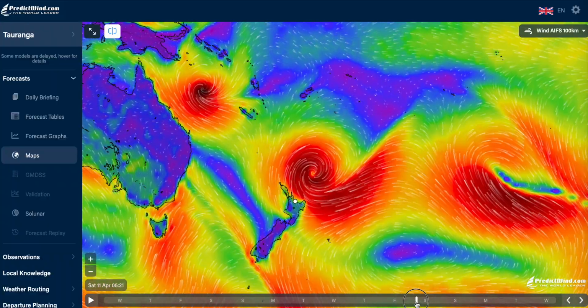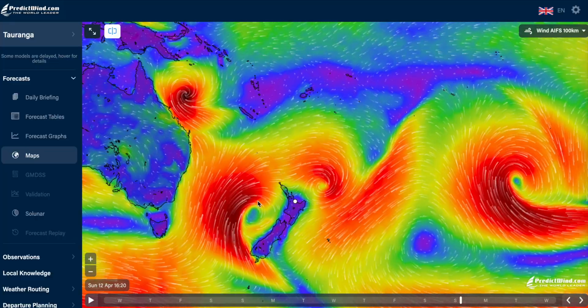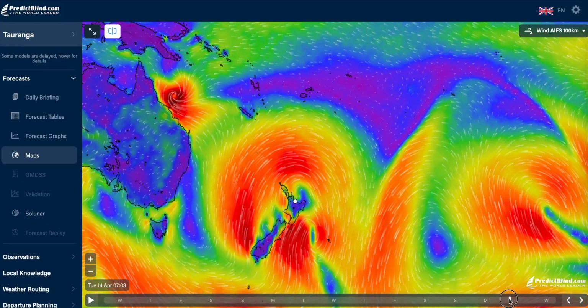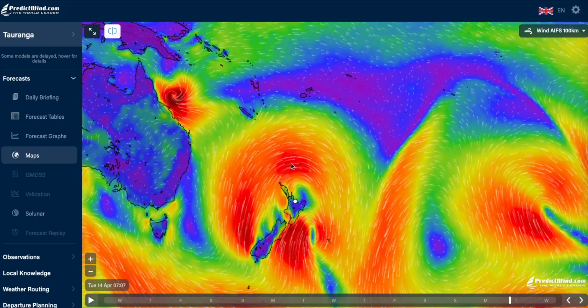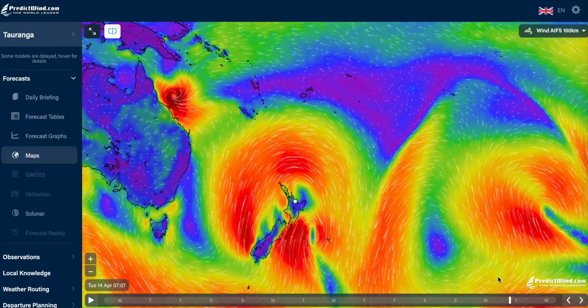That's what we're looking for. So in this scenario, we've actually got another low forming in the Tasman behind us, and that's giving us even more following winds to ride as well.